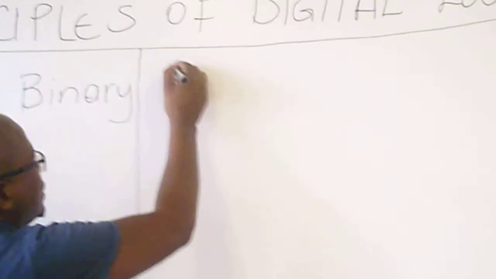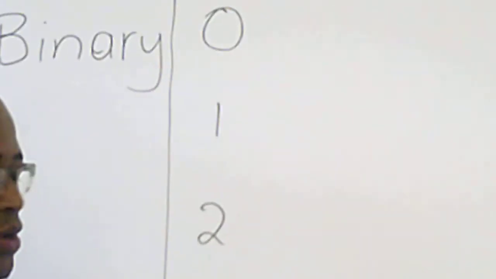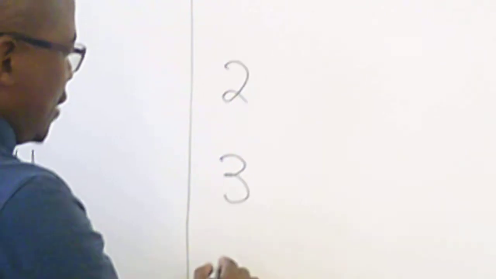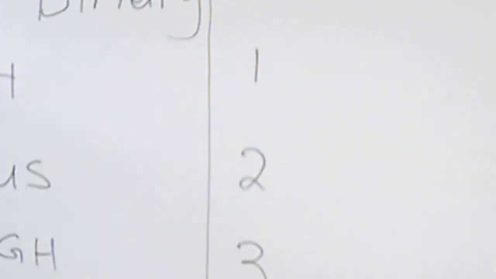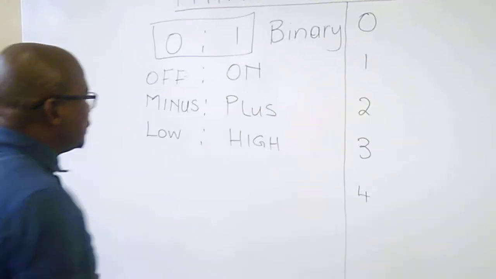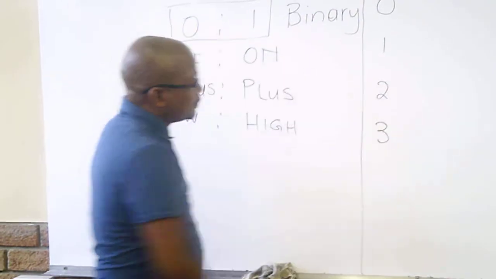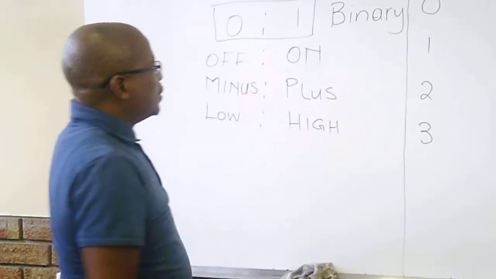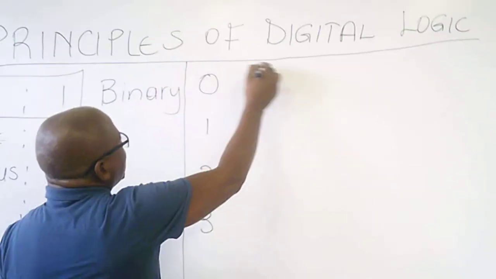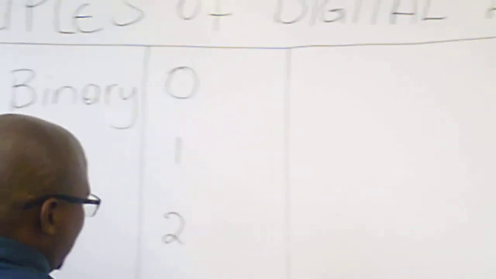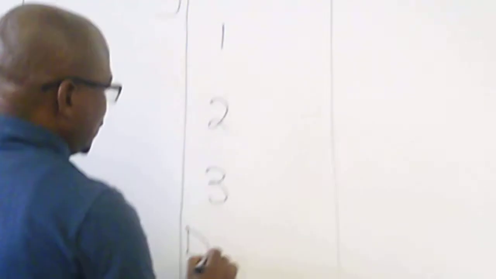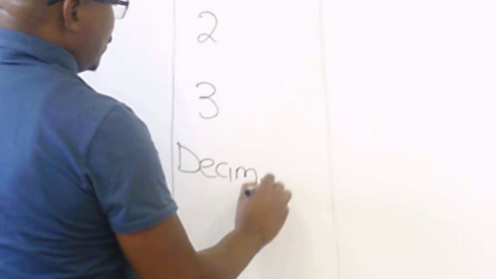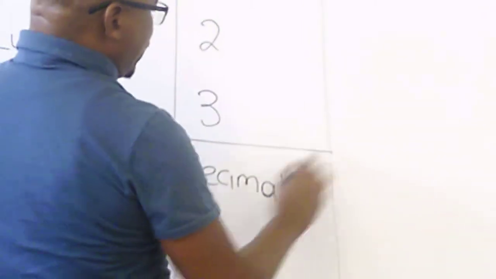For example, 0, 1, 2, 3. Let's take 4 out and stop at 3. Now, we call this type of reading decimal. It's the reading that everyone knows.